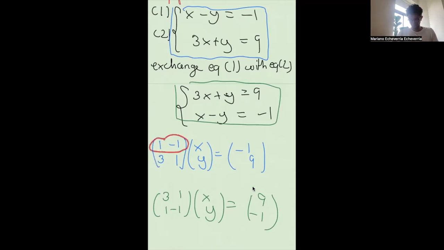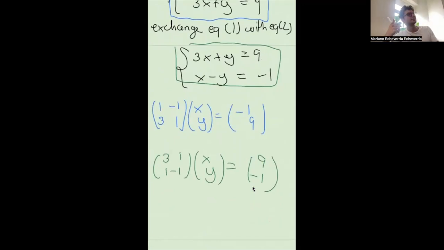So you see, the first row, which was here, became the second row, right? And the second row became the first row. And the first entry became the second entry, and the second entry became the first entry. Is that making sense?